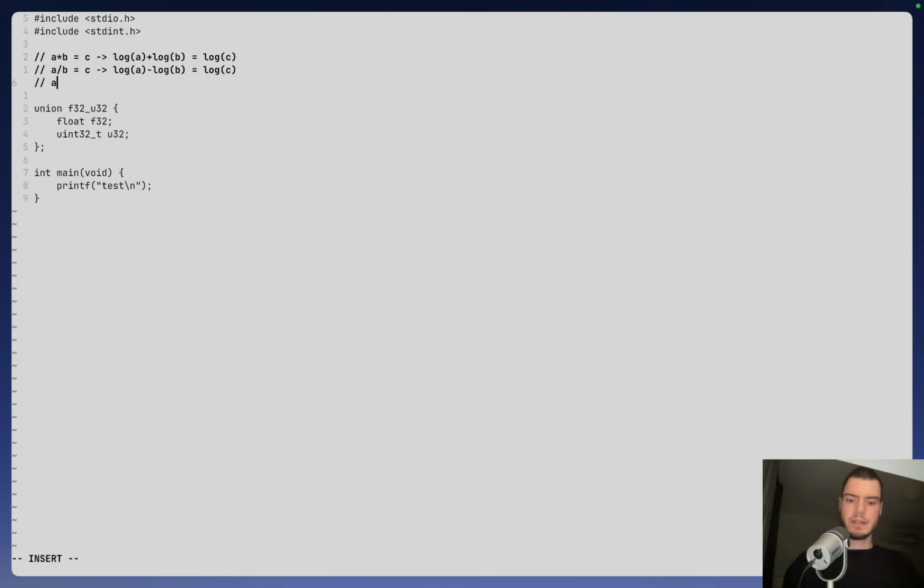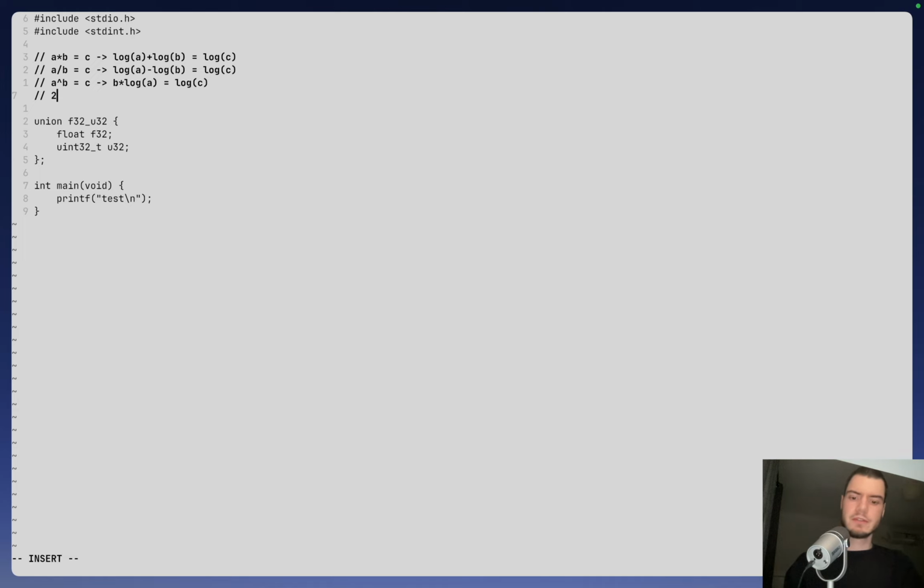There's another rule that is A to the power of B equals C implies that B times the logarithm of A equals the logarithm of C. And let's try this out.